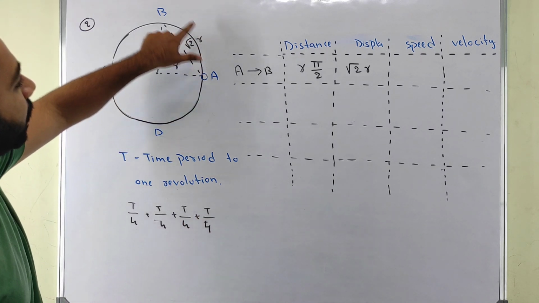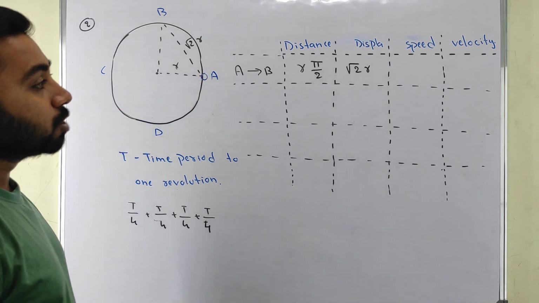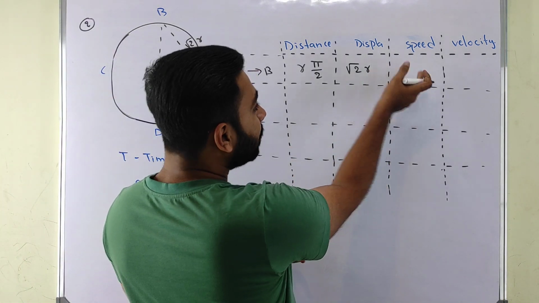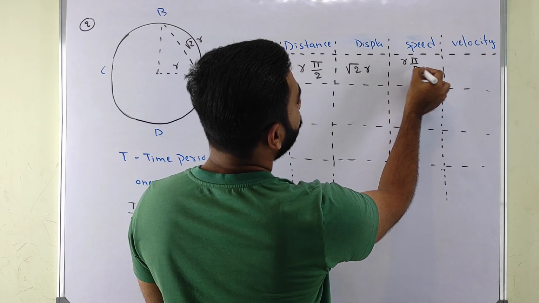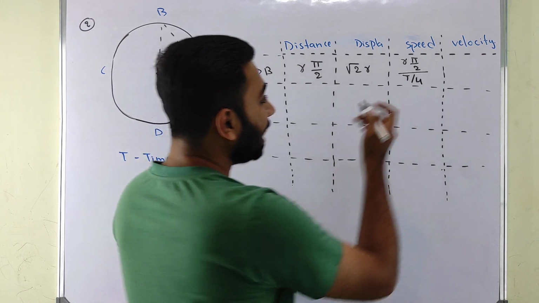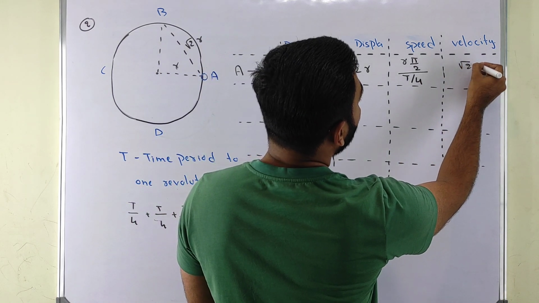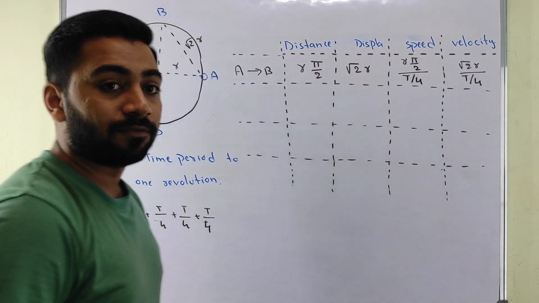From here to here T by 4, from here to here T by 4, T by 4, T by 4. So here if I write speed, which is distance by time, I can write r pi by 2 divided by T by 4. And when I write velocity, root 2 times r divided by T by 4. Yes, of course, sir.